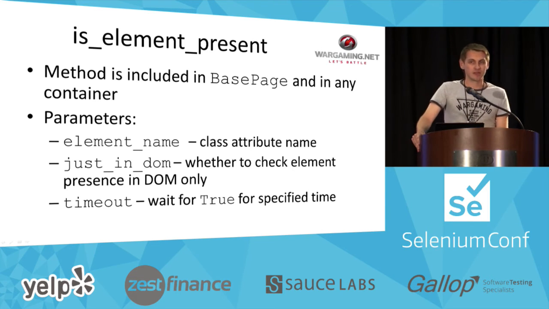Also, you can pass a timeout, and the function will wait for successful results for the specified time. It won't throw any exception in case the element is not found. It just returns false.